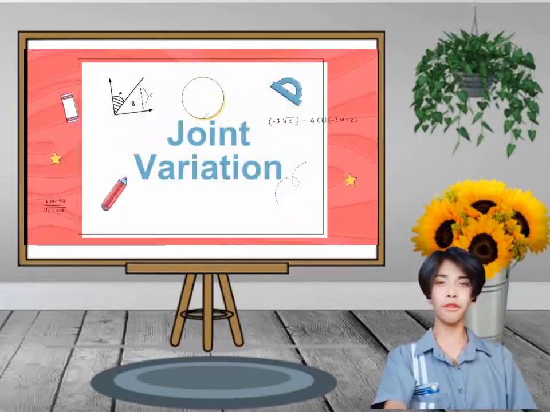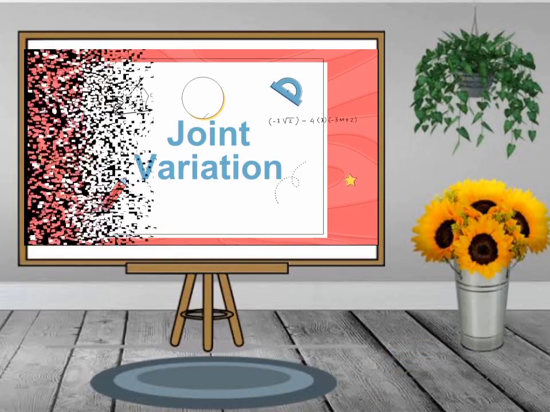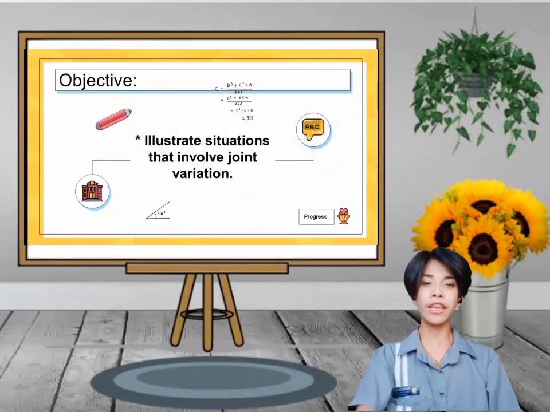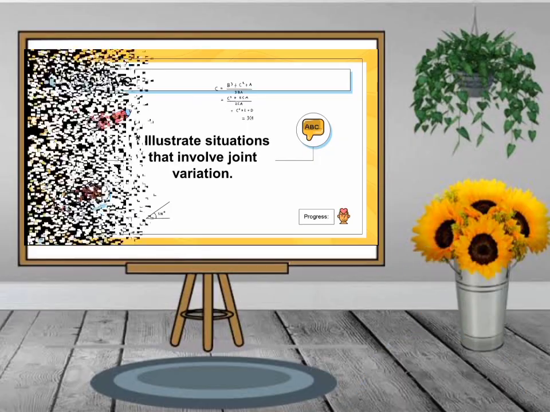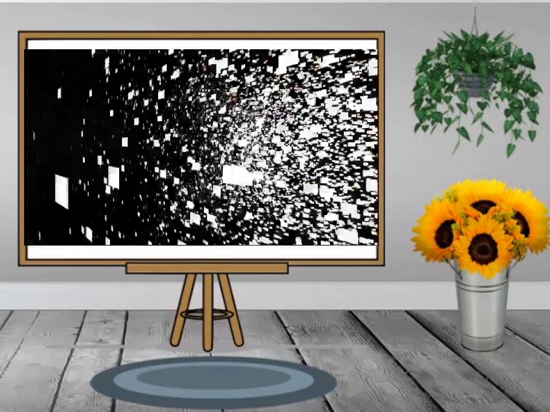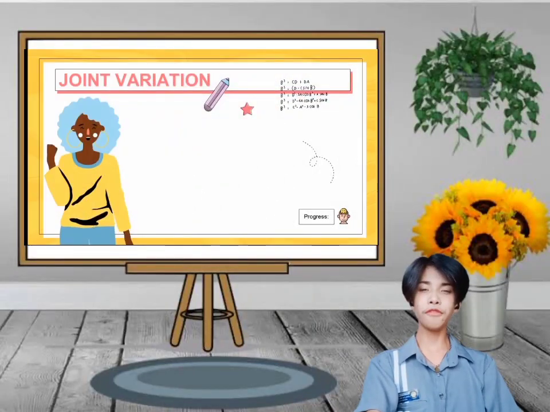So in this video lesson, we will focus on joint variation. Our objective is to illustrate situations that involve joint variation.